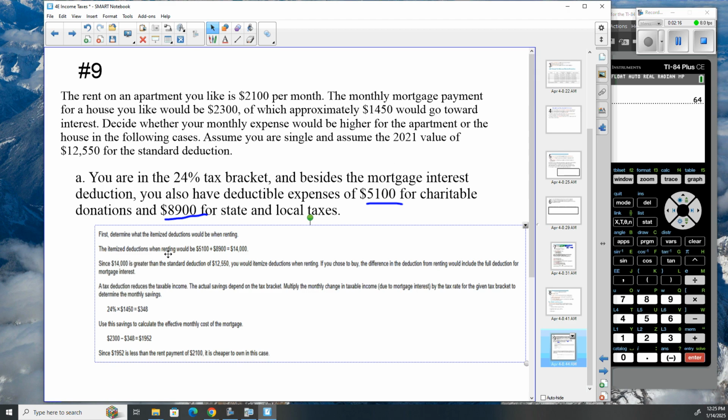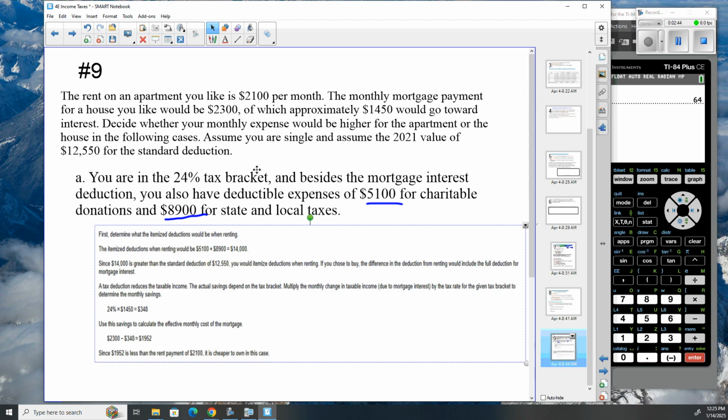So if you buy, that $1,450 that you pay each month, since you're in the 24% tax bracket, saves you money in the long run.